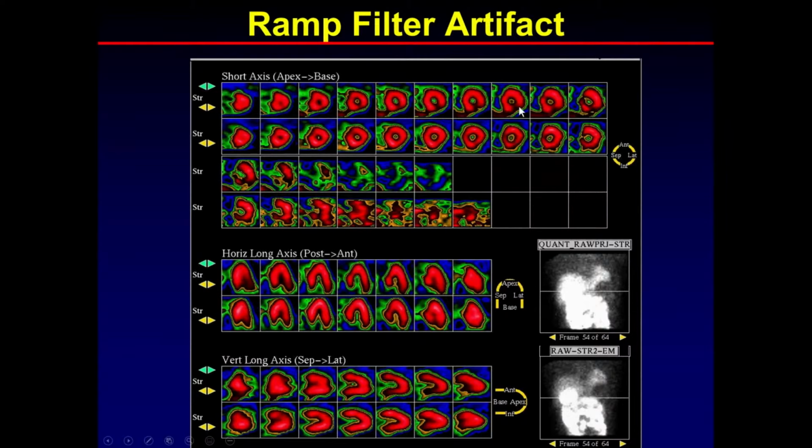And this can cause false positive defects. Now, there are ways to get around this. You can re-image patients and get rid of gut, etc., or you can use iterative reconstruction instead of the ramp filter, and that can also eliminate these kinds of artifacts.